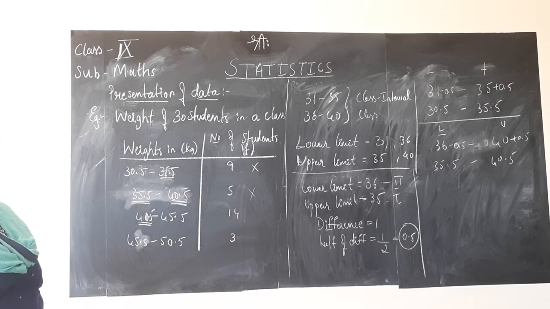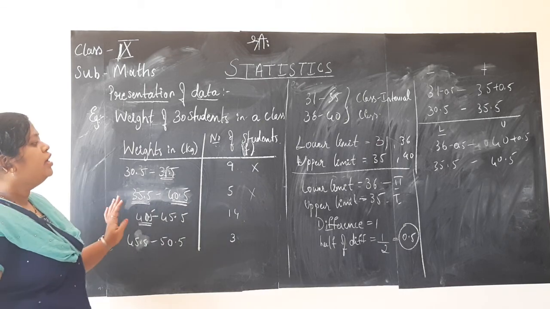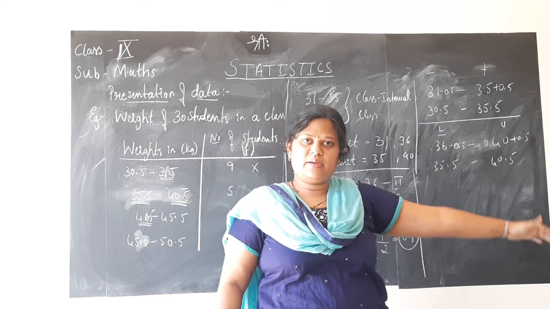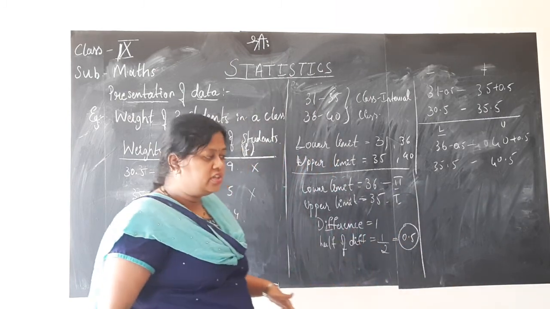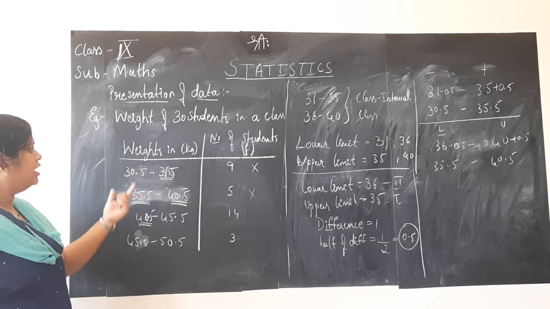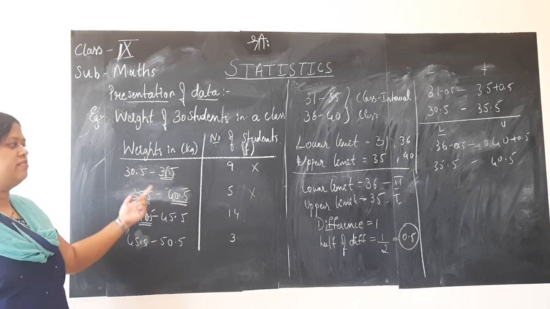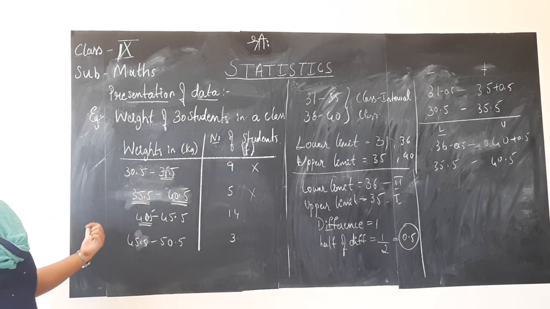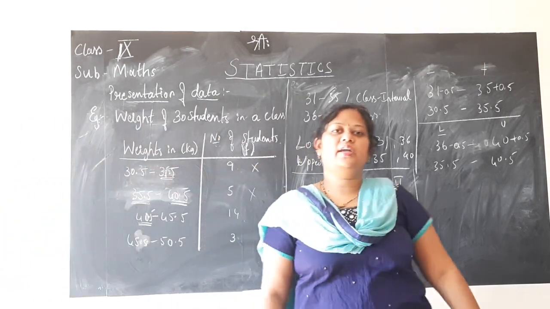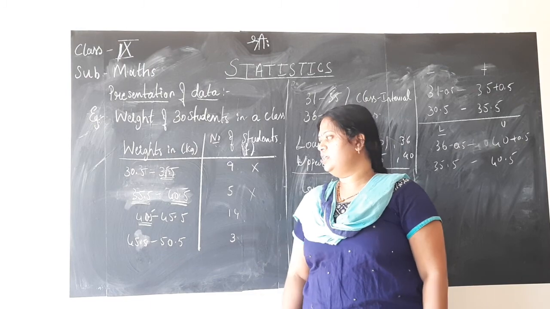So this is the hint you should remember while writing. You need not show all these steps, children, in the test or exam when you are changing the frequency distribution table. Instead you can do it directly. Whatever the class interval is given, just subtract 0.5 from the lower limit and add 0.5 to the upper limit and get the new class interval.